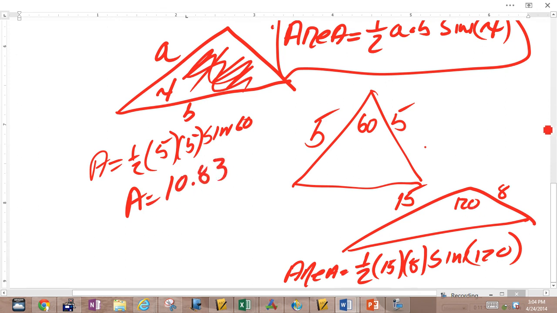What about over here? Sine of 120, right? Sine of 120 times 1/2 of 15 times 8.